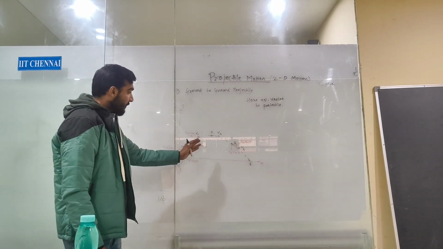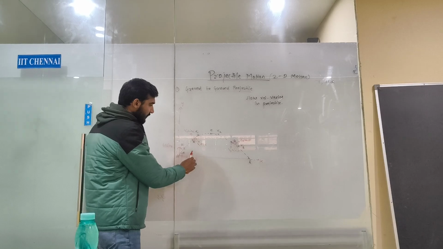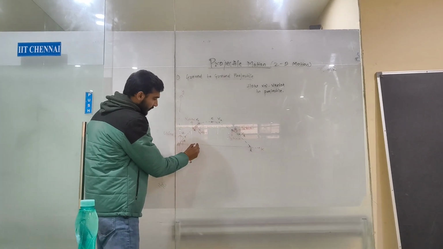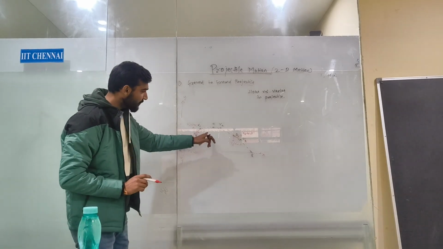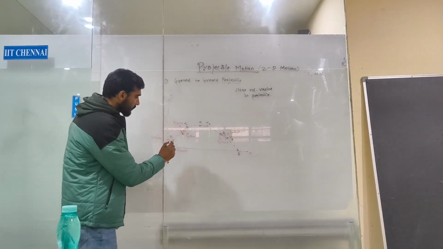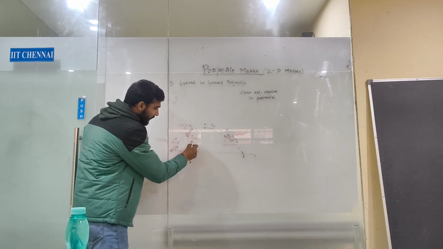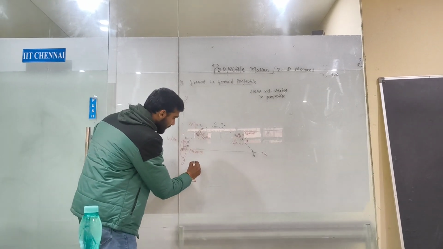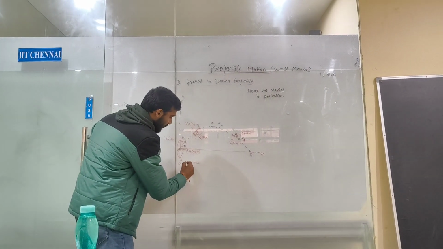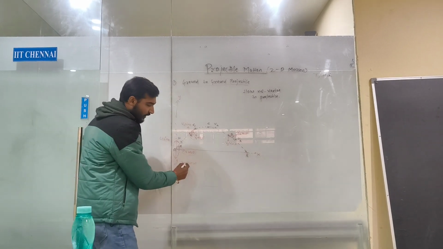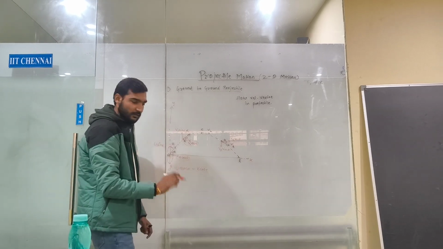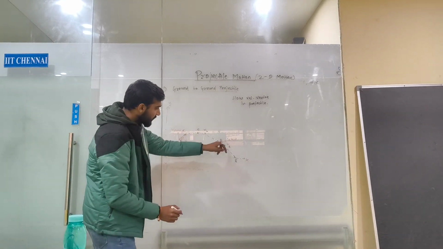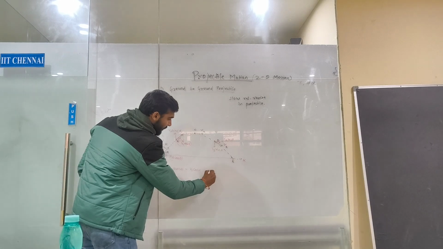So the symmetry is this. The velocity in the x-axis is u cos theta. I told you u cos theta remains the same in the whole journey. Okay, this velocity in the x direction, I am calling it ux. Ux equals u cos theta, which equals v1 cos alpha, and this equals v3 cos beta.